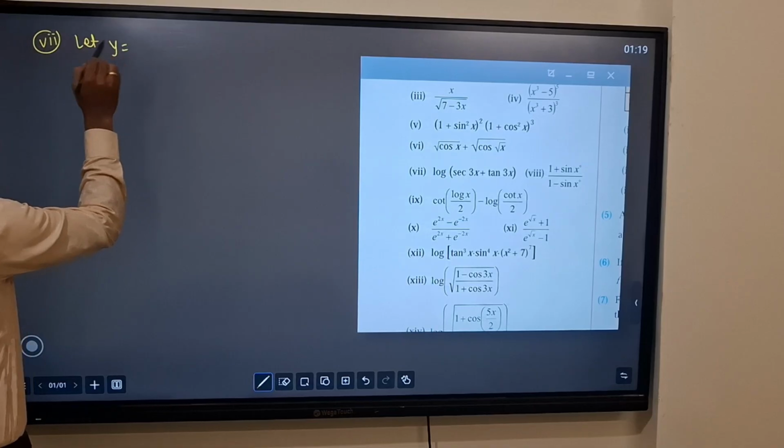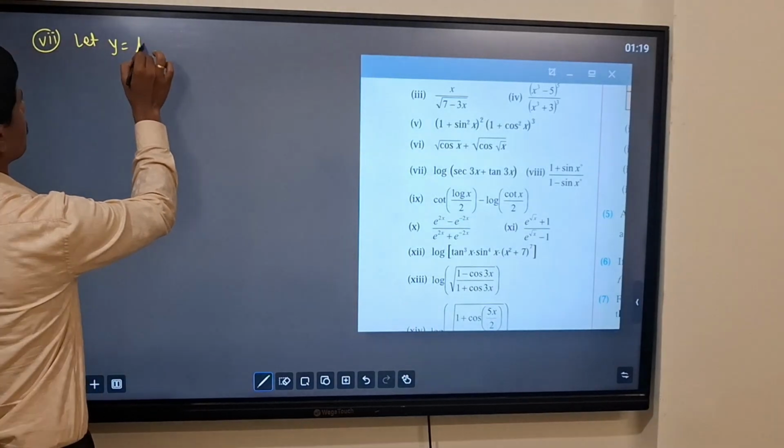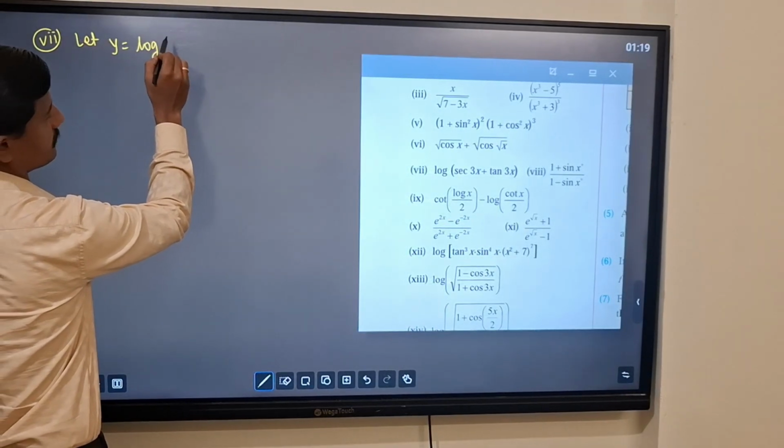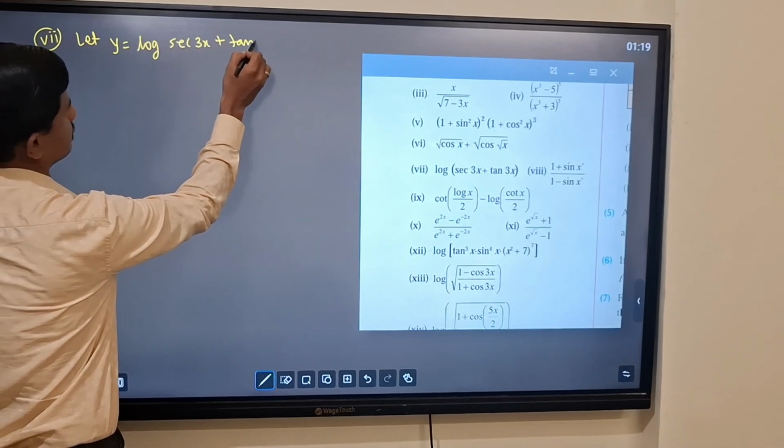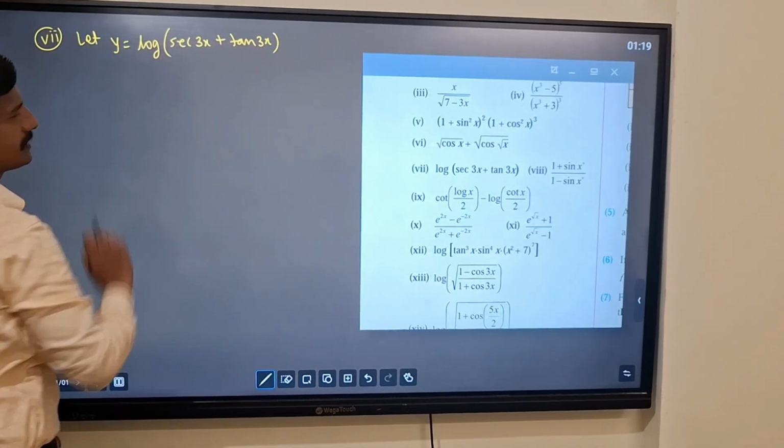Let y equal to log of sec 3x plus tan 3x.